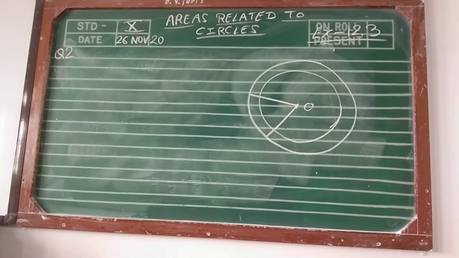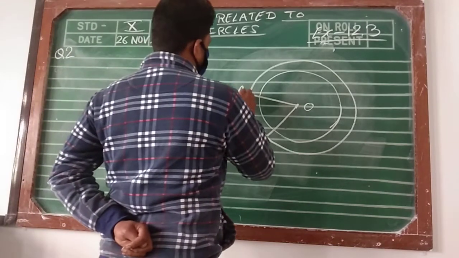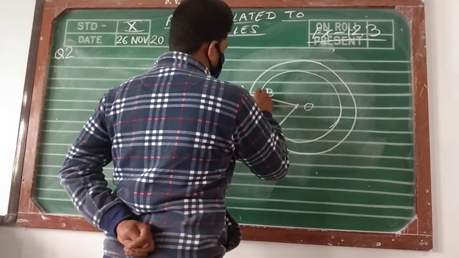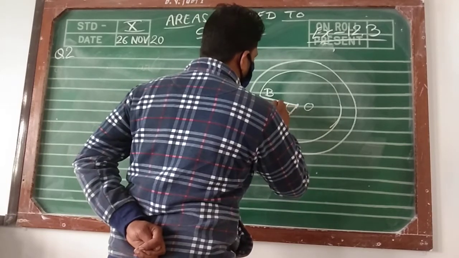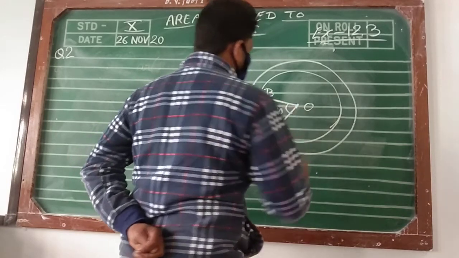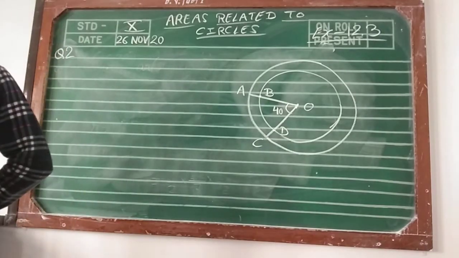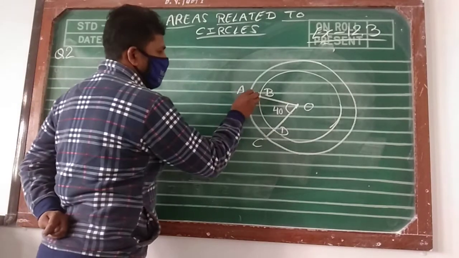Go through the statement. This angle is given to you as 40 degrees, and this area we have to find.